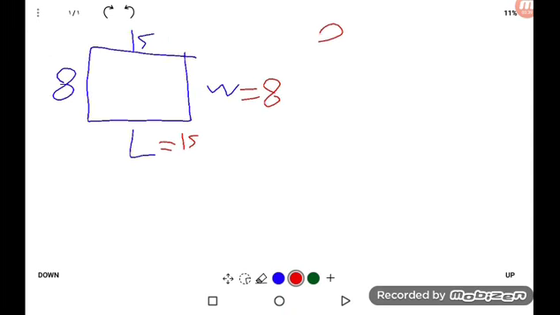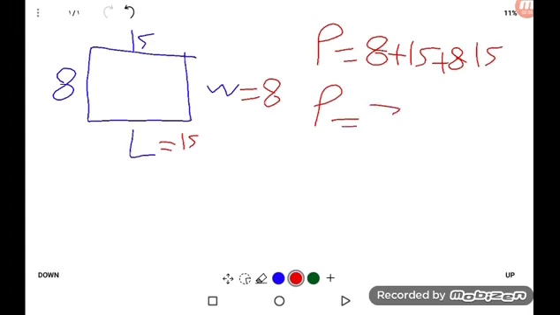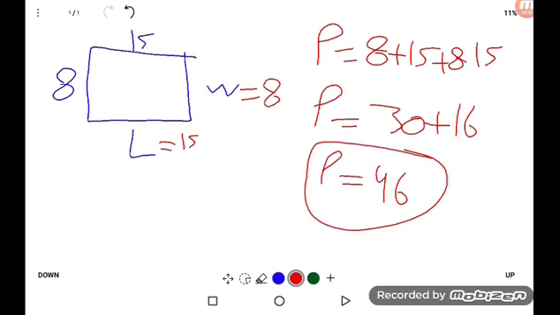So the perimeter is equal 8 plus 15 plus 8 plus 15. So the perimeter is equal 30 plus 16. The perimeter is equal 46. So this is the final answer.